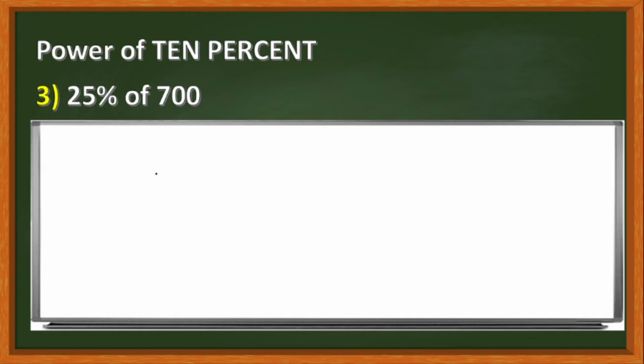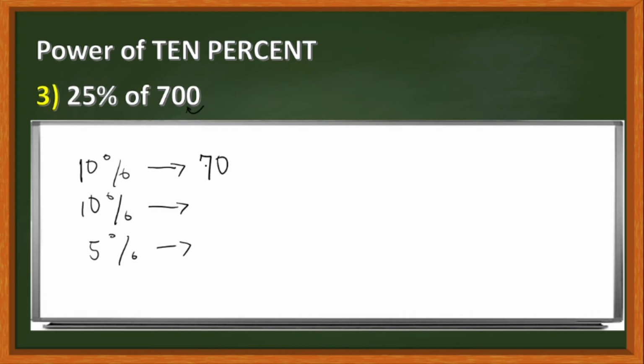Let's try another example. We have 25% of 700. 25% can be broken down into 10%, 10%, and 5%. So let's find the 10% of 700. Move the decimal to the left one place, so we have 70. And another 70 for 10% again. And 5% is half of 10%, so we half 70, which is 35.